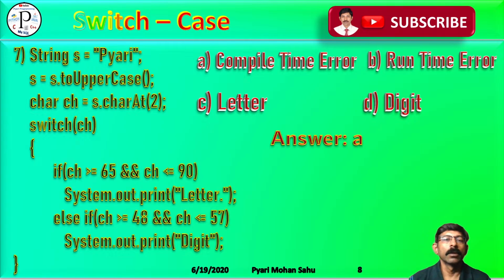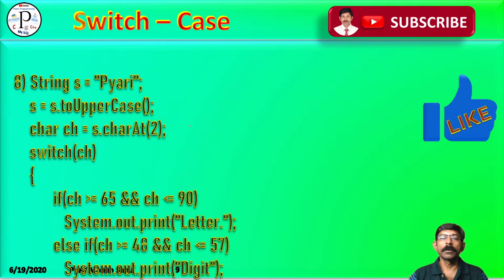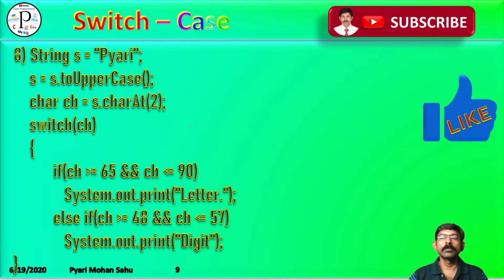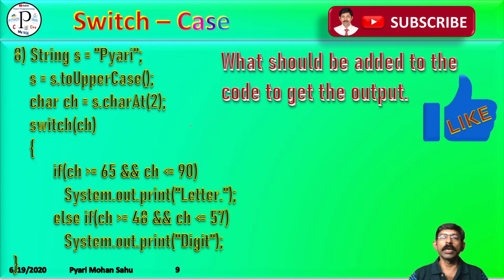Your previous answer was different. Sir, without case statements present, so compile time error. So it is due to the absence of case. Yes, correct answer. Yes, good. Answer is A. Now question number 8, and these are the options.